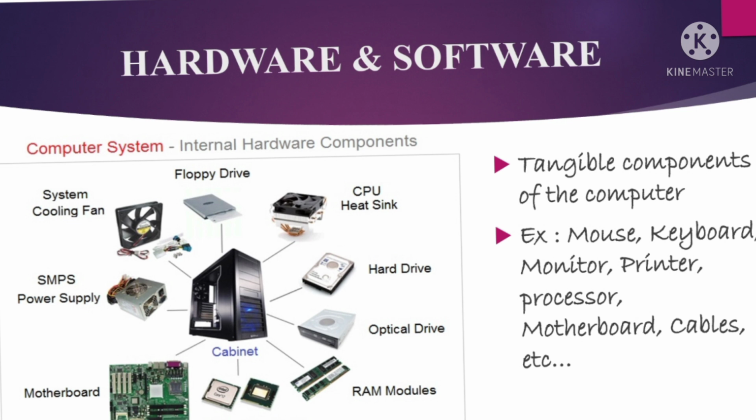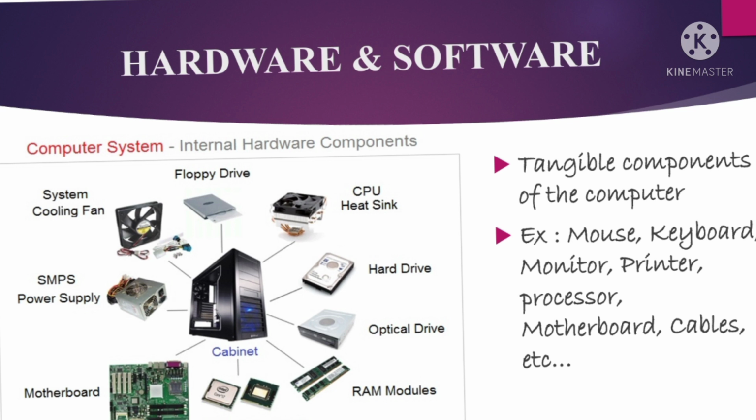So the next one, the very essential part of the components of a computer system, is hardware and software. We cannot do anything when we don't have hardware or software, right? Let us start with the hardware.